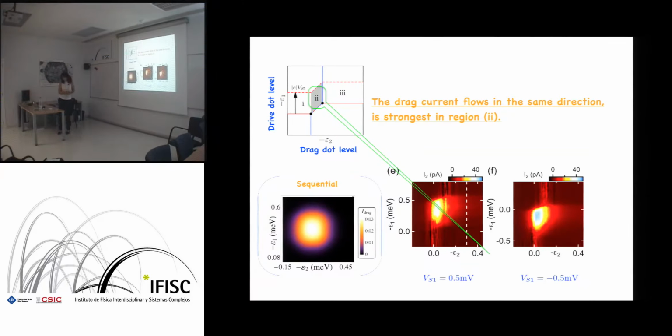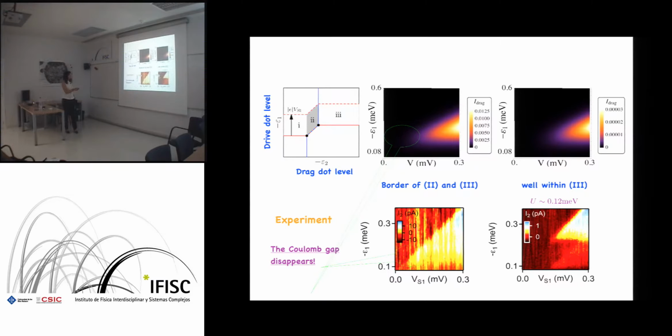The second one is that depending on the position of the drag dot, if we plot the drag current through this system, we can be here close to the triple point, what I call triple point, or a bit far away.